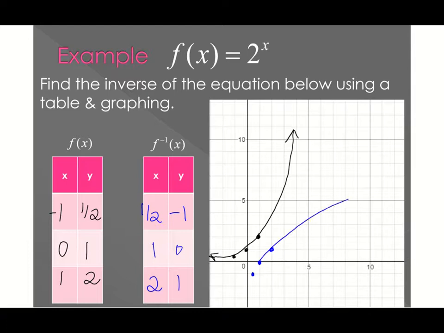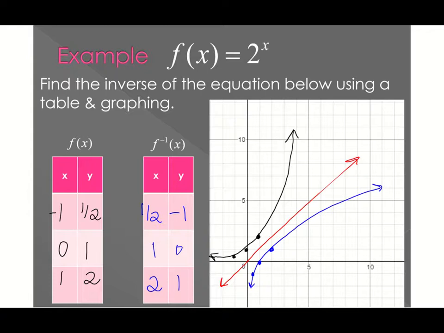If I sketch this, I have my inverse. I can see that with my line of reflection at y equals x, it does in fact just reflect right over this line. Each of these points is reflected over our line of reflection.